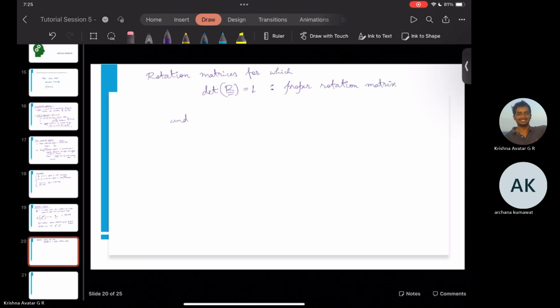And when the determinant of R is equal to minus 1, it is called an improper rotation matrix.